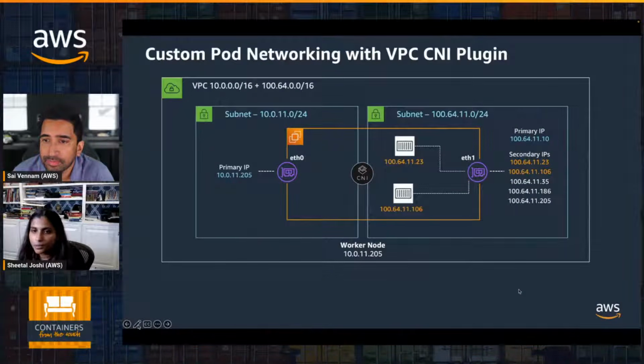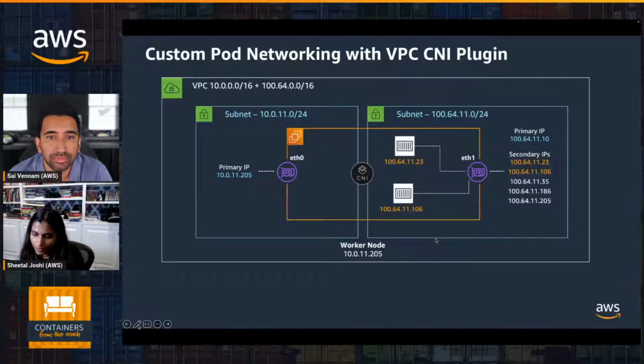Yeah, and another thing to note here, right, when you are using custom networking, the primary ENI, eth0, is going to be getting an IP from the primary CIDR. So technically, one of the ENIs is not used with the secondary CIDR here.